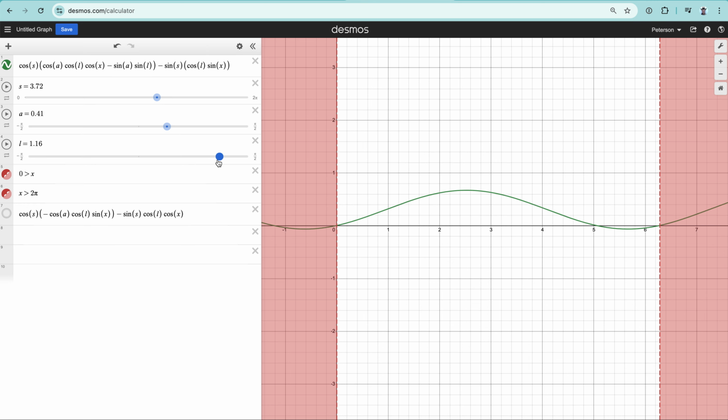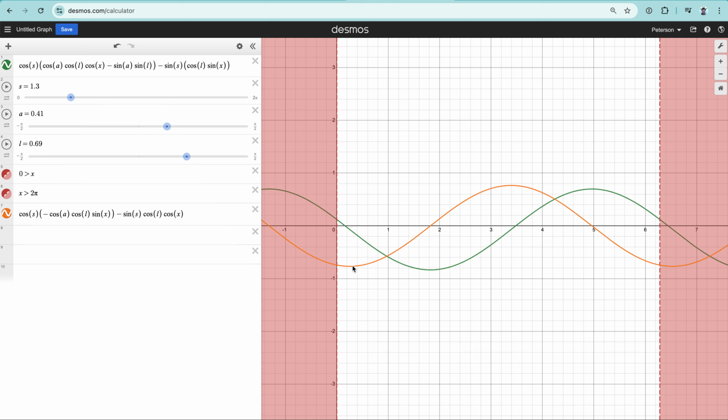So let's move this back down to a more realistic latitude for Nevada City, California. So that's there. And I don't know where we're at on this curve. I didn't do that calculation. This is the derivative.